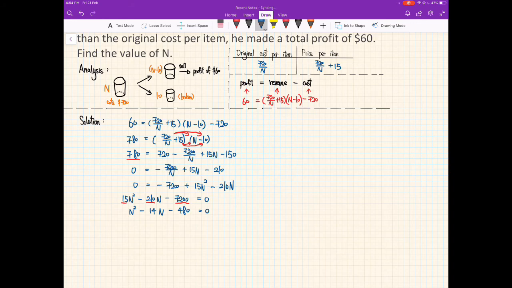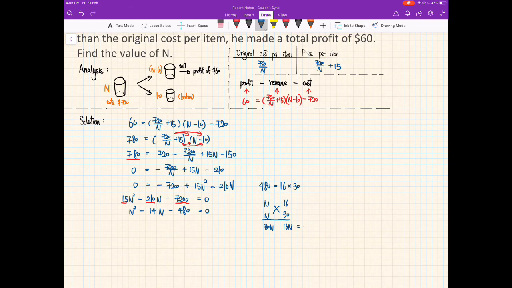We can solve it by using the cross method. 480 is equal to 16 times 30. We have n, 16, 30. n, 16n.